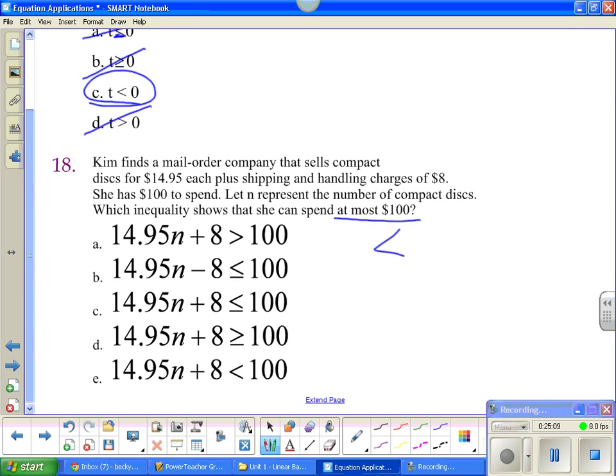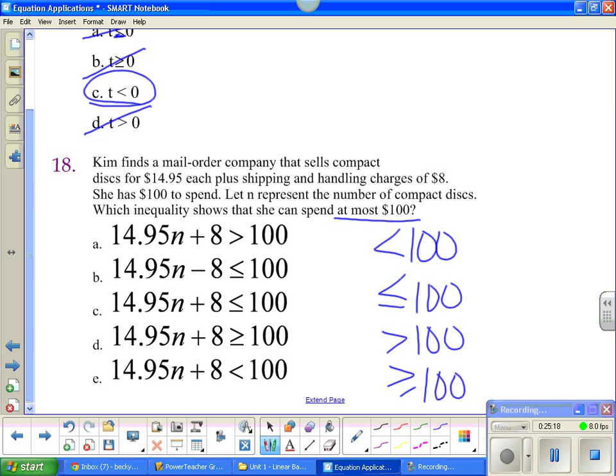So do we want a less than $100, a less than or equal to $100, a greater than $100, or greater than or equal to $100? Well, if you only have $100, you can't spend greater than. So these are out. I can spend up to $100. Now I can spend $98 or $99 or $56, but I can't go over $100. Can I actually spend $100? Yes, I can actually spend $100.